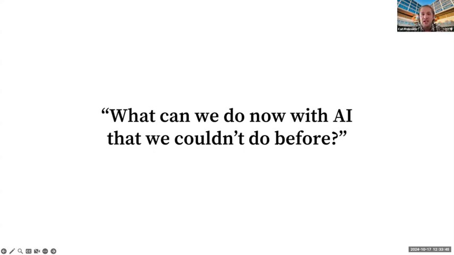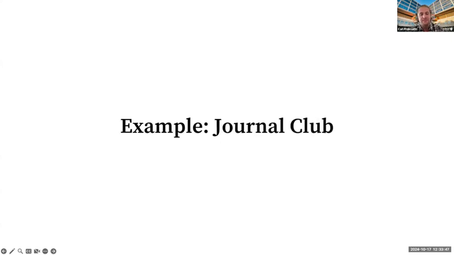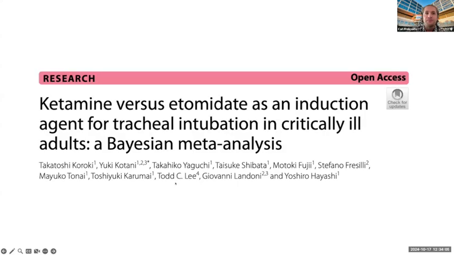So along those lines, one of the first examples I have is, in medicine we do these things called journal clubs where we start talking about an article. We recently had a journal club not that long ago where we talked about this article, which is using ketamine versus etomidate as an induction agent for critically ill patients.